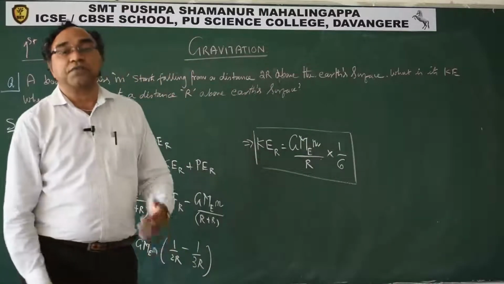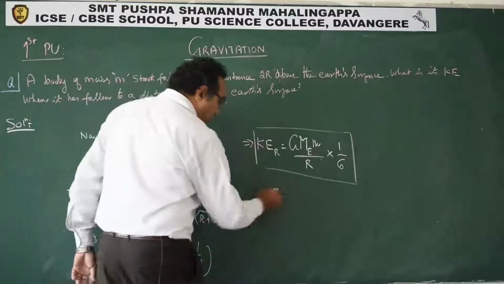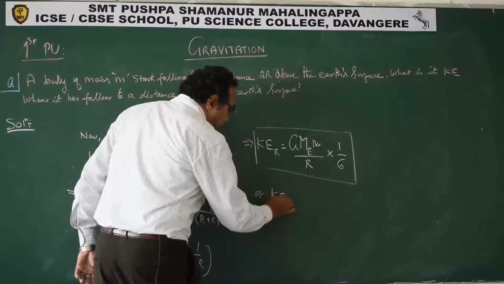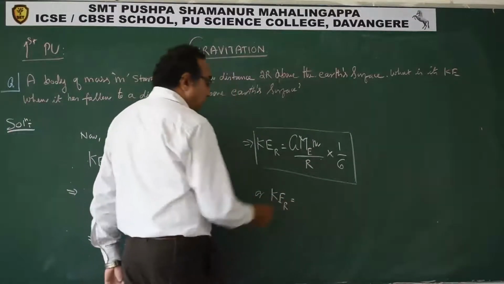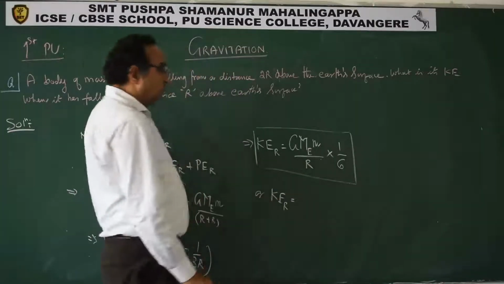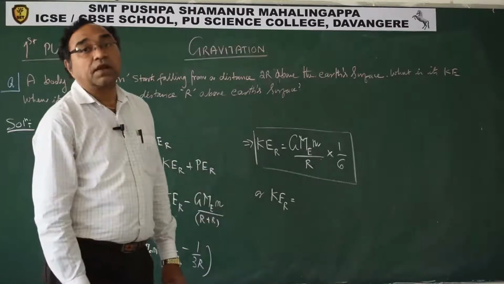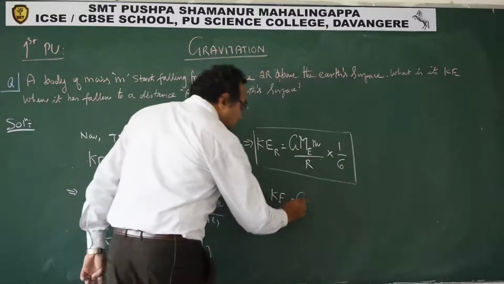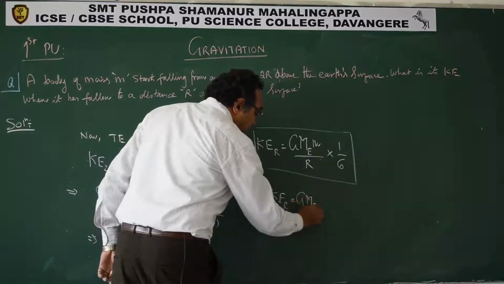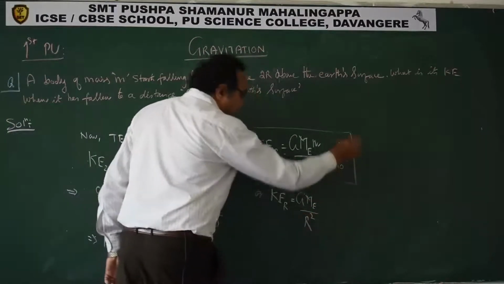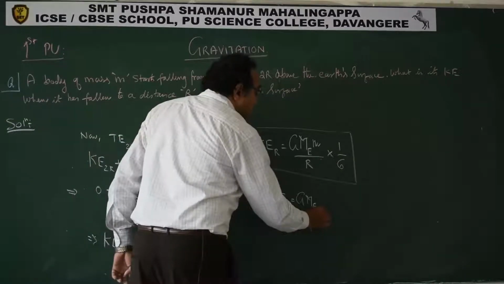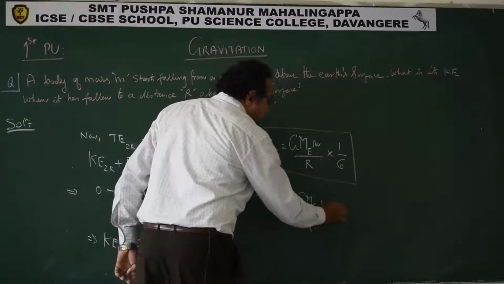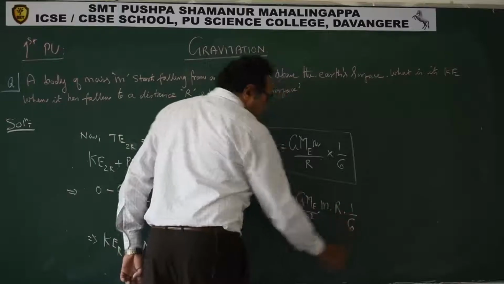Now if you want, you can write kinetic energy at r by multiplying and dividing by r. So GM by r square, into m and r, into 1 by 6.